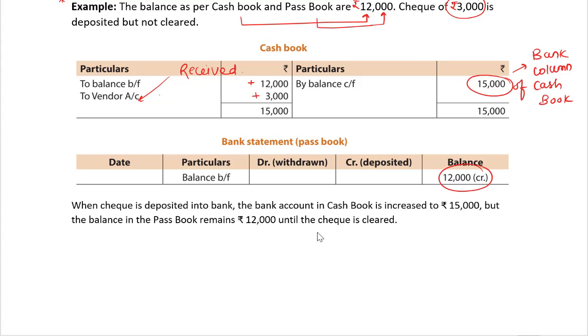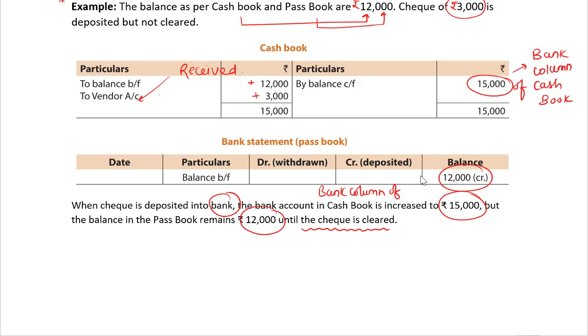Now why is this difference there? When the check is deposited into the bank, the bank column of the cash book is increased to 15,000. But the balance in the passbook remains 12,000 only. Why? Until the check is cleared. So maybe after 3-4 days, when the check is cleared by the concerned banker, the bank will also revise this balance to 15,000.